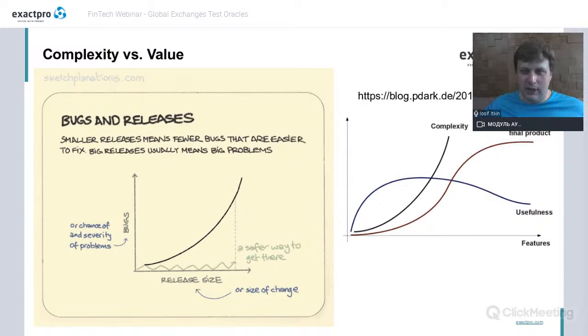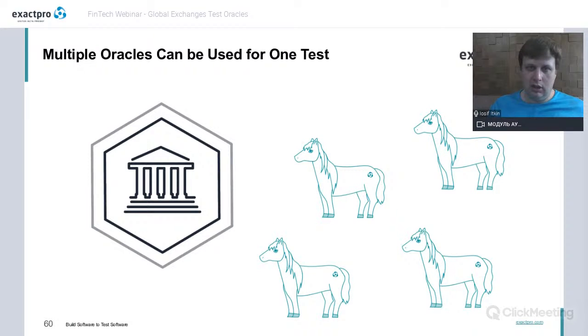Also, what is funny about this chart is the bugs in final product chart. I think it shows that after a particular point, no one cares about whether defects are present or not. So you are no longer able to manage them, so their number becomes stable. The number of known defects becomes stable because the number of defects that are really present in software is always infinite. So we are talking about the number of known defects.